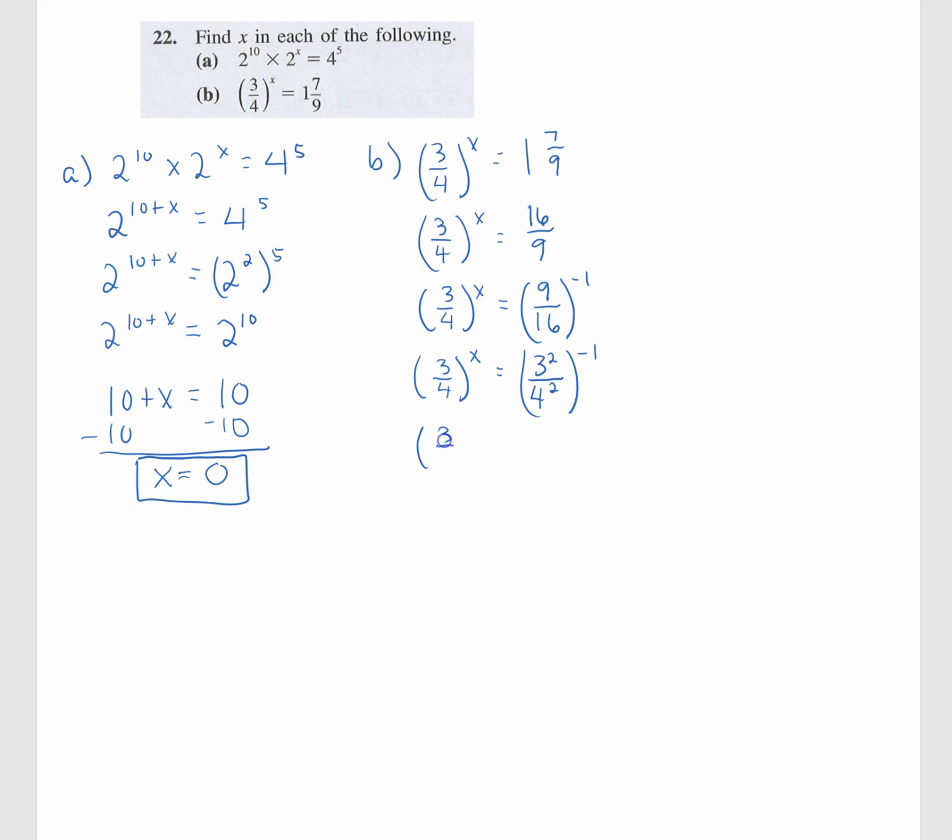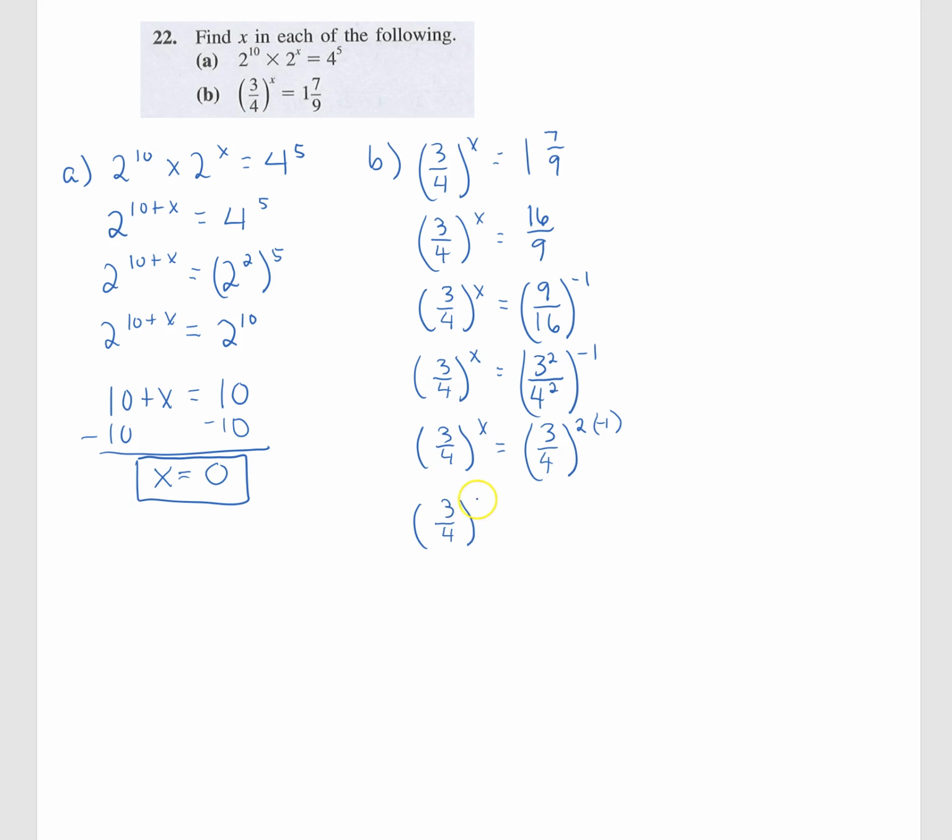And so now, because we have the same exponent here on the 3 and the 4, and this is just being divided, we can take this exponent out to the outside. So this is the same as 3 over 4 to the power of 2, and to the power of -1 is still out here.